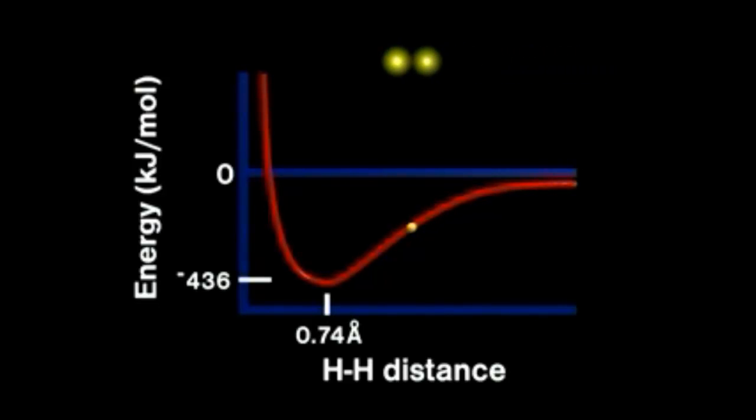As the atoms move closer together, the electrons begin to feel the attraction to the other nucleus, and the energy decreases. After they reach a certain distance, however, repulsions between the two electrons and between the two nuclei become more important, and the energy rises sharply. So the two atoms sit at a certain distance from each other, where they have the lowest energy.